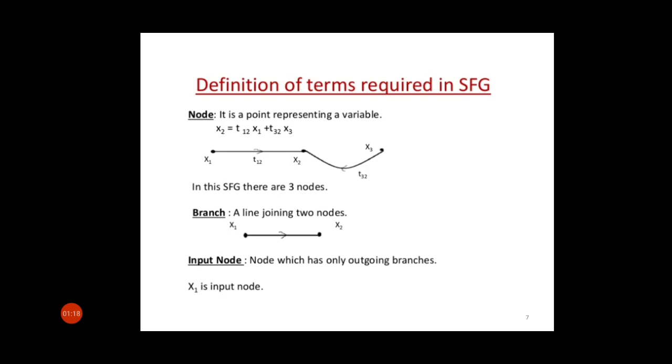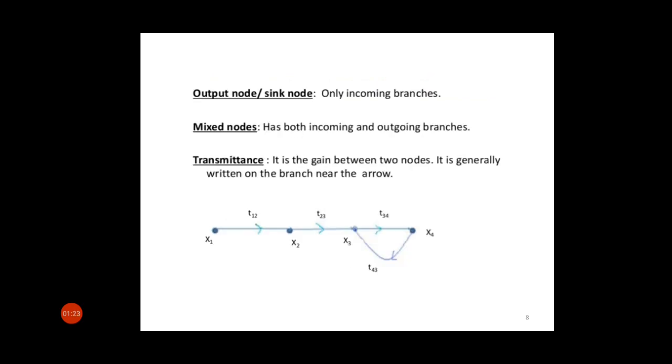An input node is a node that has only outgoing branches, and an output node has only incoming branches. But a mixed node has both incoming and outgoing branches.